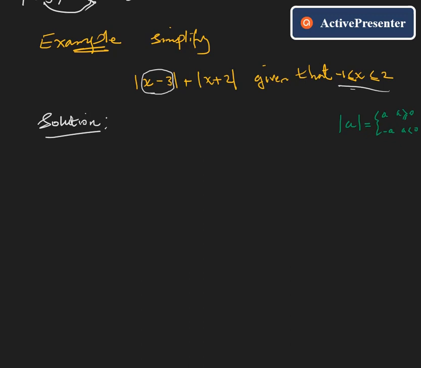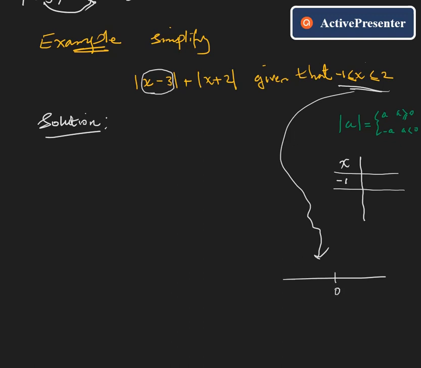We have this interval, represented on the number line: here negative 2, here negative 1, here 1, here 2 closed. So x can take all the values here. If we try numbers for x, negative 1, 0, you can take 0.5 also, but we will simplify things. So negative 1, 0, 2.